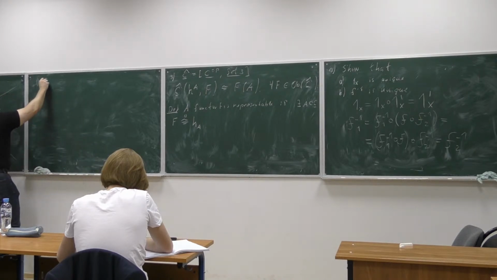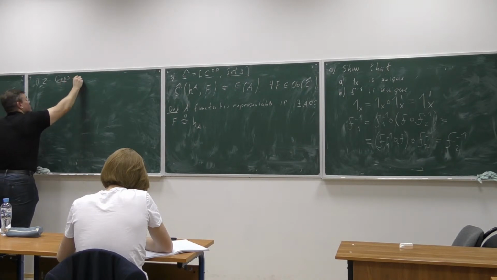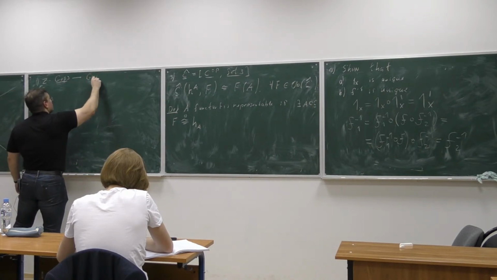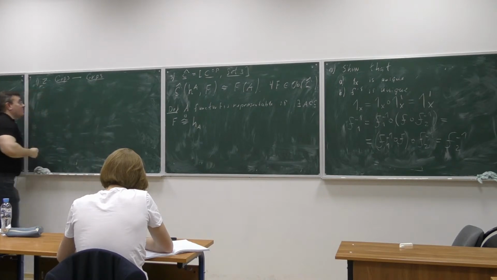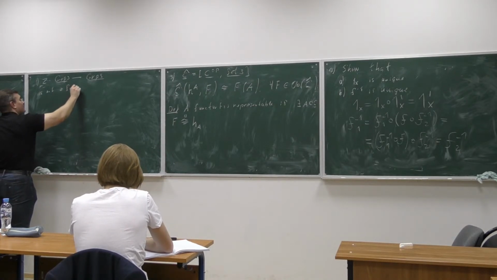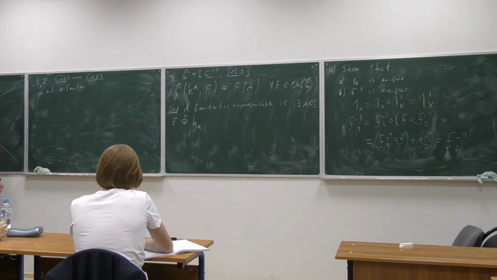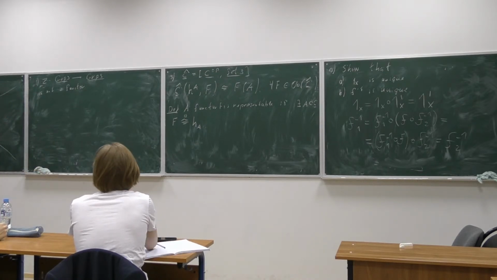So Z, this is from the category of all groups. Well, again, say to the category of all groups. I can say abelian groups. So, but this is not a functor.